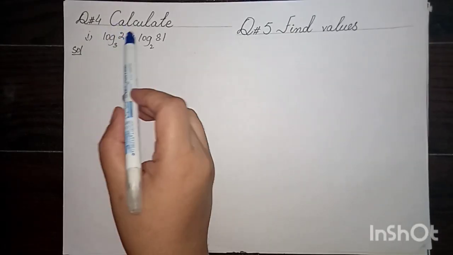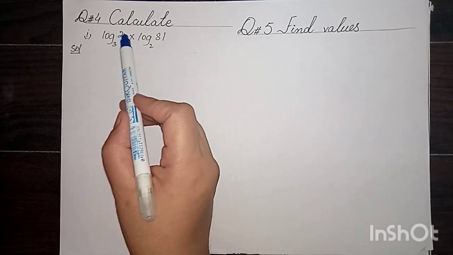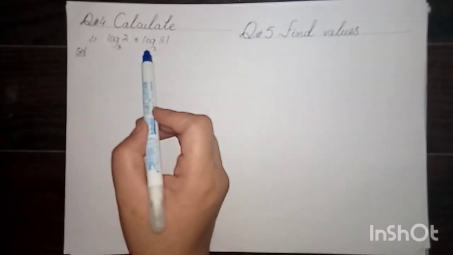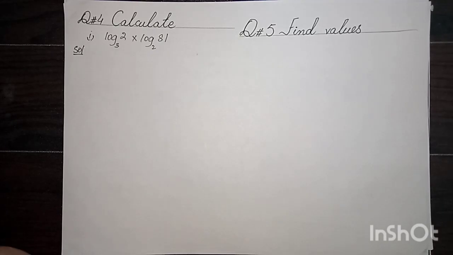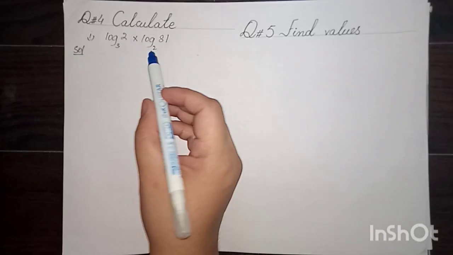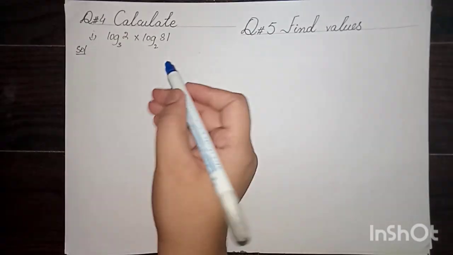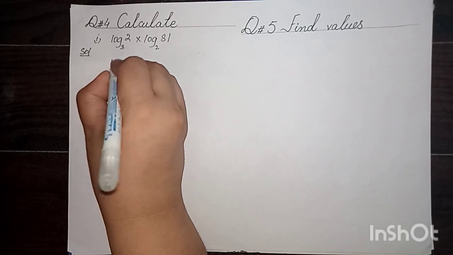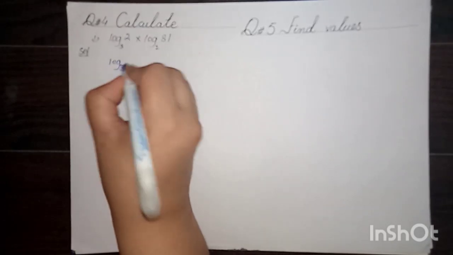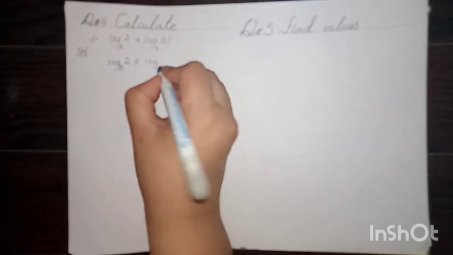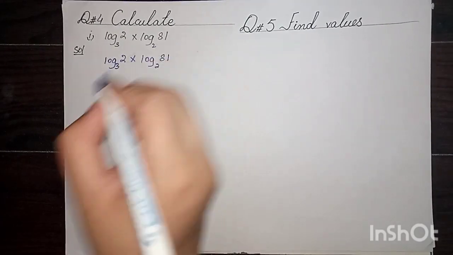Now question number 4. Question number 4 is calculate log of 3 2 times log of 2 81. For this question we have to use the change of base formula. We will write these two logs in a specific way. So this is equal to log of base 3 2 times log of base 2 81.